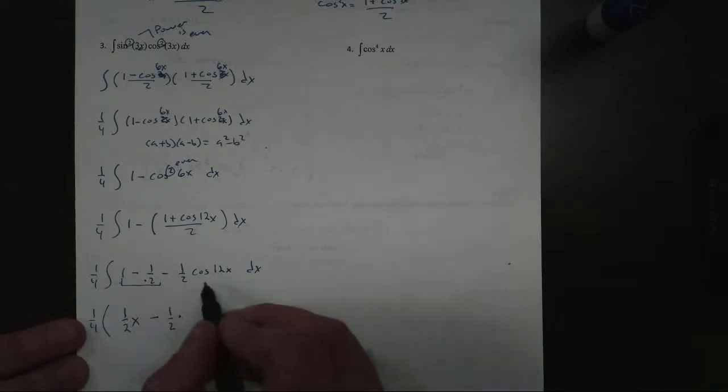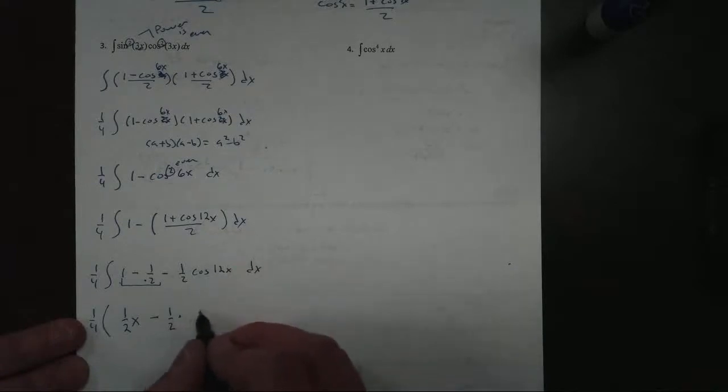Now when I integrate this, I'm going to get 1/4. I'm going to combine those two. 1 minus 1/2 is just 1/2. That's going to give me 1/2 x. Minus, now over here, I've got this 1/2, but when I take the antiderivative of cosine, it is sine of 12x plus my constant.